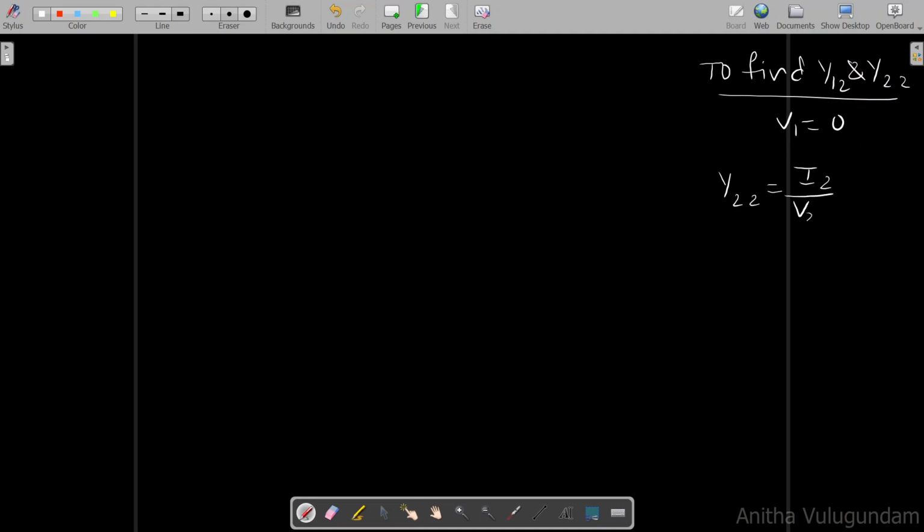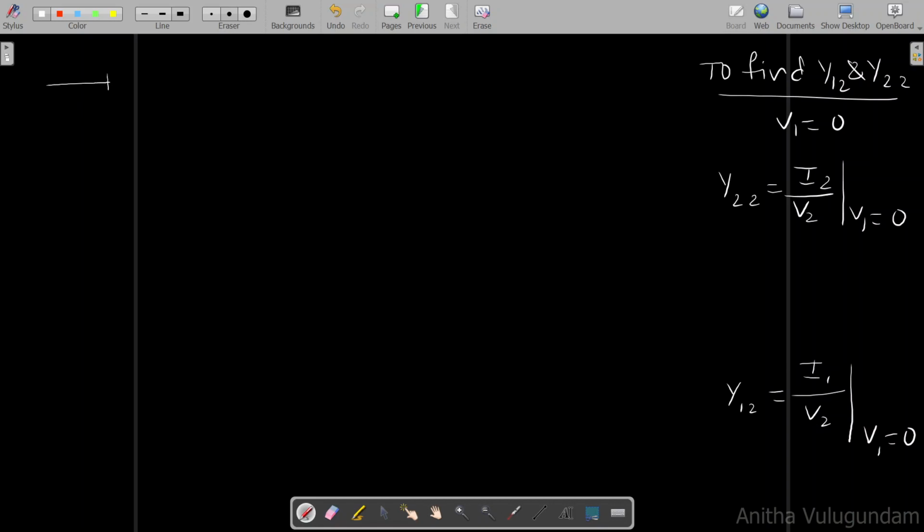Next, to find Y12 and Y22, V1 should be 0. Equations will be Y22 equal to I2 by V2 when V1 equal to 0, and Y12 equal to I1 by V2 when V1 equal to 0.